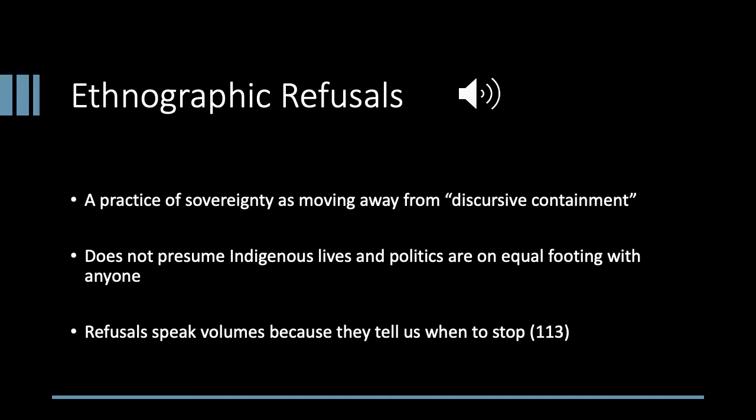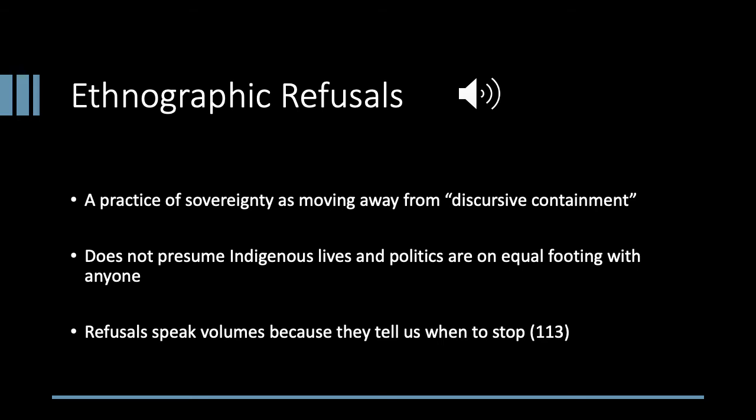A practice of sovereignty as moving away from discursive containment. I love this idea of discursive containment, right? Because it relates so much to Sanjay's work and the role of schools and other state institutions as a logic of capture that really reproduces the plantation, right? Really reproduces these plantation dynamics of who is allowed to be a full citizen and who is not. But for Simpson, she's talking about discursive containment, the ways in which early anthropologists imagined their objects, imagined indigenous peoples as existing within geographically contained spaces.